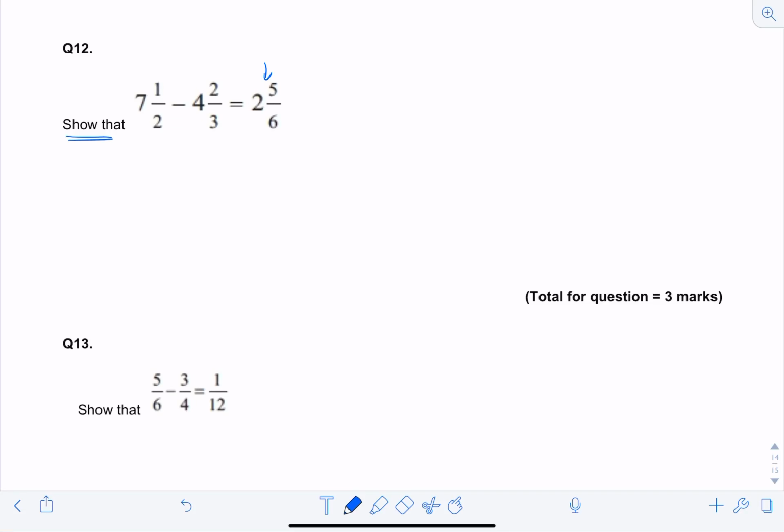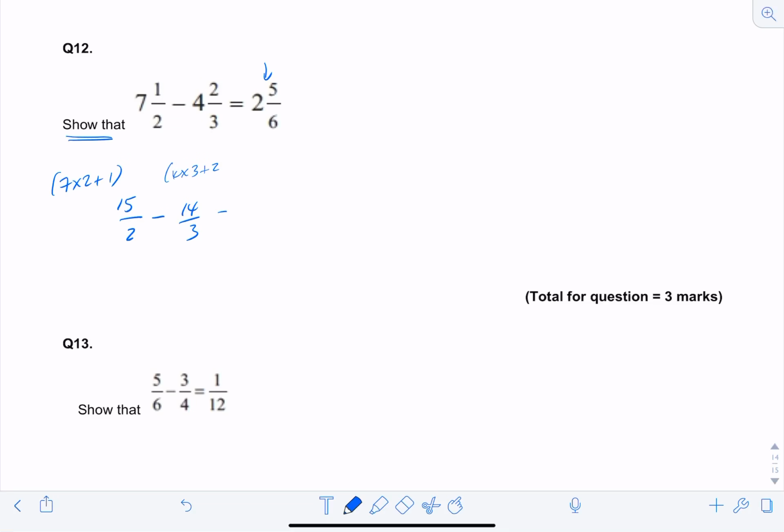So 7.5, you guys should all know that should be 15 over 2, because that's 7 times 2 plus 1. Minus 4 times 3 plus 2. That's 12. That's 14 over 3.